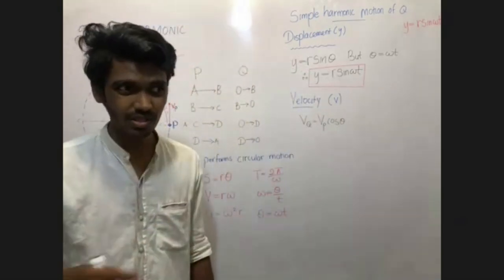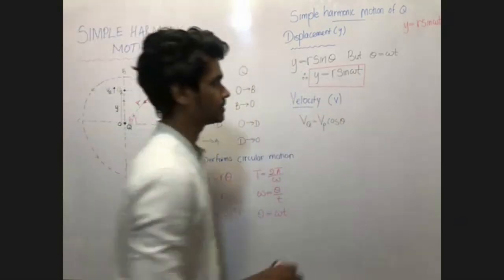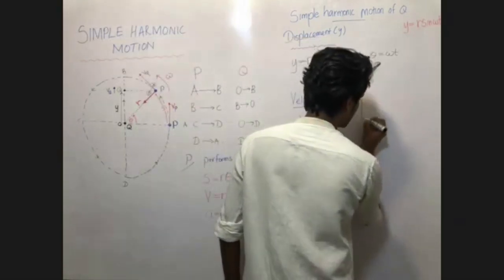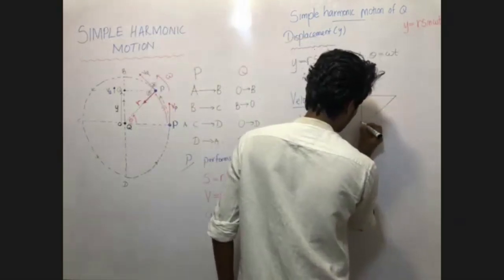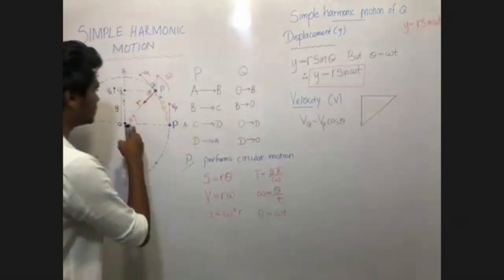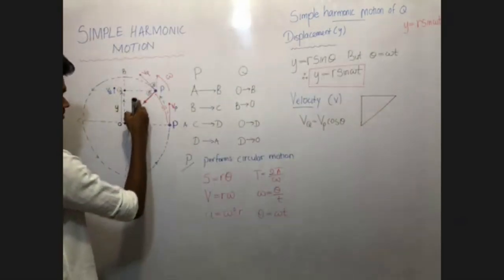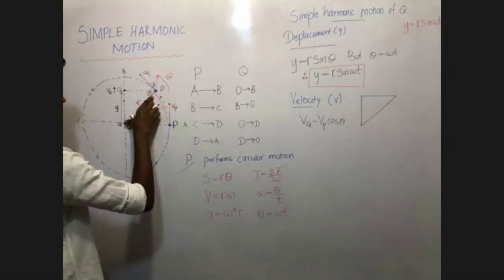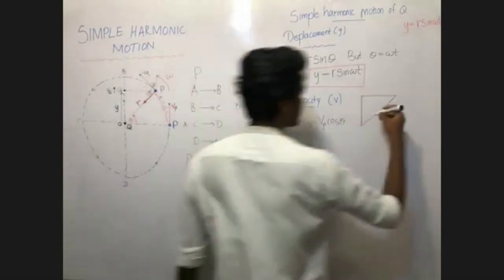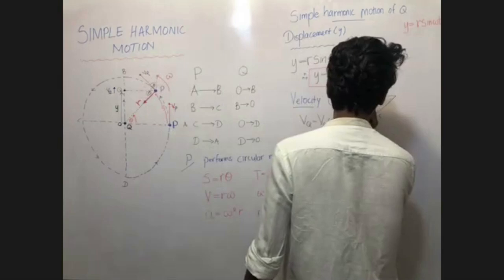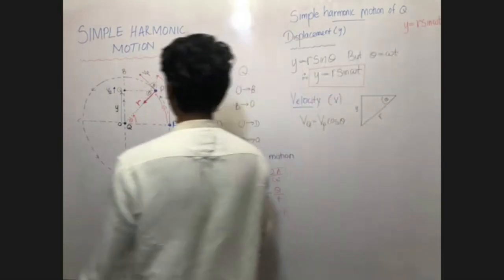Do we know cos theta? No, we don't. If this is theta, this is R. This is Y. Right?